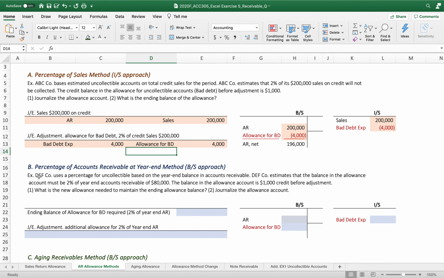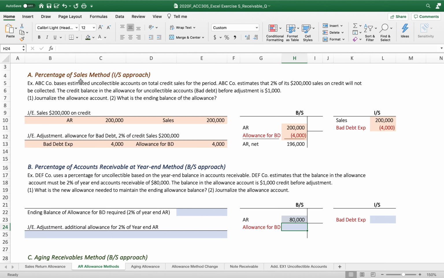Example: DF Corporation uses a percentage for uncollectible accounts based on the year-end balance in accounts receivable. This company estimates that the balance in the allowance account must be 2% of the ending balance of accounts receivable, $80,000. So let's put $80,000 as accounts receivable, the ending balance.